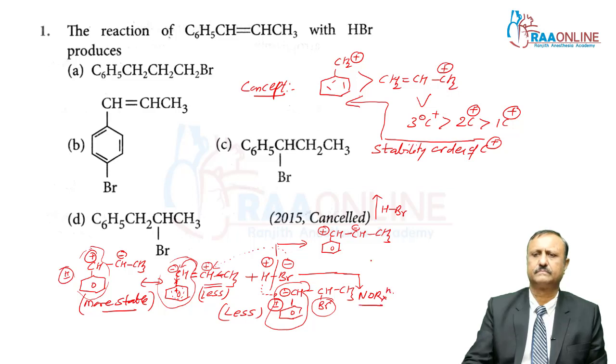Here HBr gives Br minus and H plus ions. So, you can go down, my dear students, the bromide ion is not attached by this, it is attached by this CH plus ion.